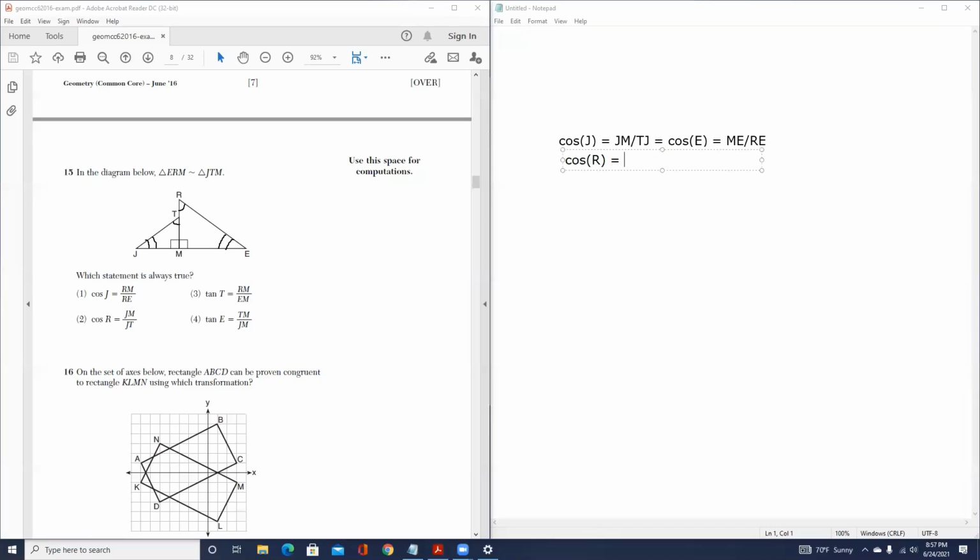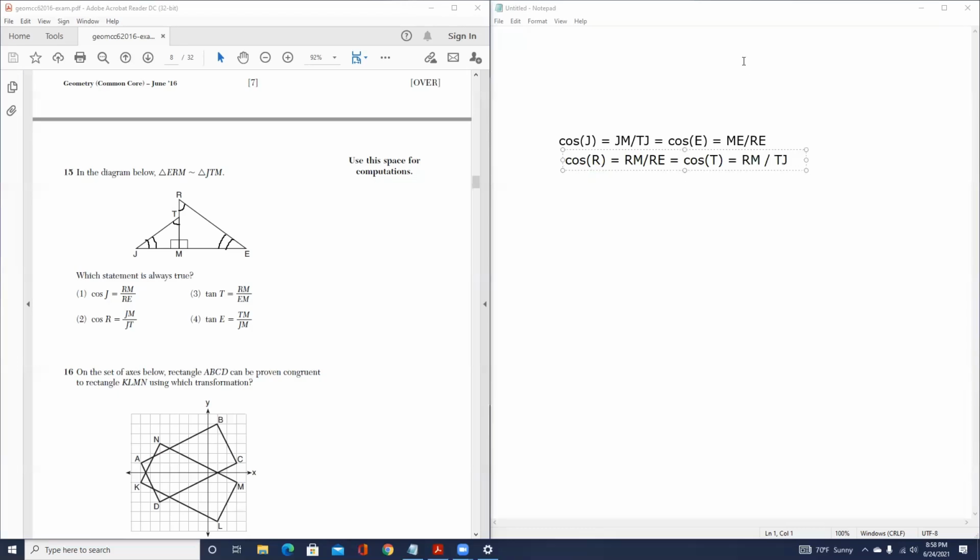Sorry about that. Cosine of R is equal to RM over RE. This is also equal to cosine of T, which is equal to TM over TJ.